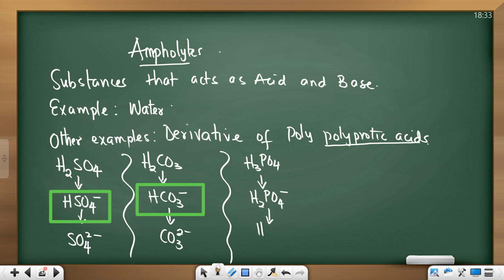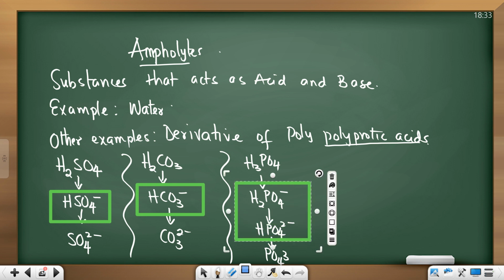Take out another proton, HPO4 2 minus. Take out another proton, PO4 3 minus. The ones in the middle are ampholytes. Those are examples of ampholytes: something that can donate and something that can accept a proton.